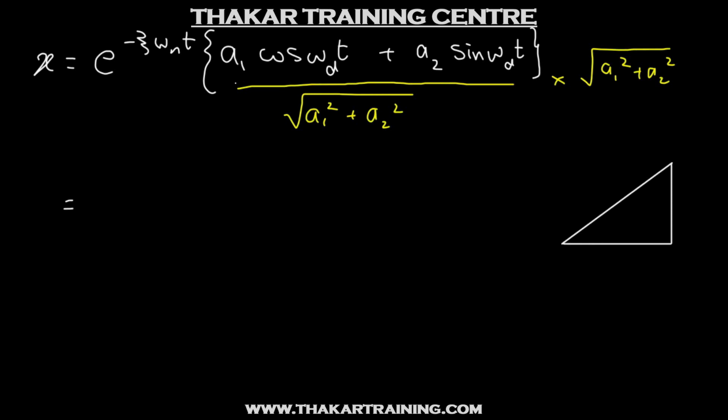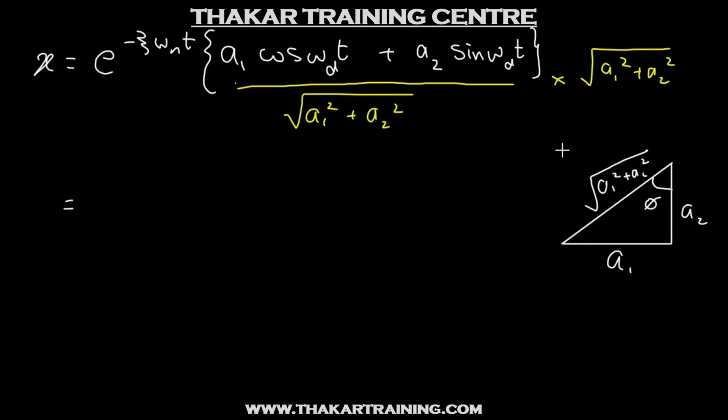Let's suppose this side is A1, this side is A2. And what is this side? This is root of A1 square plus A2 square. Now I want to replace A1 upon root of A1 square plus A2 square as sine of phi. So I just mark an angle phi like this.